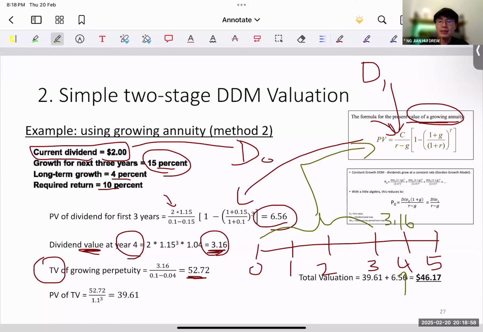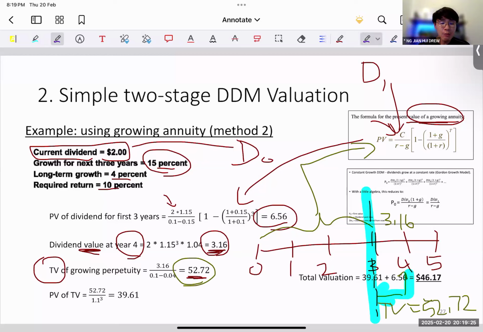Okay, so we use the growing perpetuity formula, which gives us the value as of year 3. So I'm just going to use this color here as of year 3, right? And this is where we use this formula here. So this is the terminal value. So terminal value equals 552.72, right?